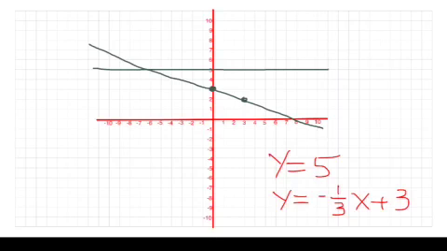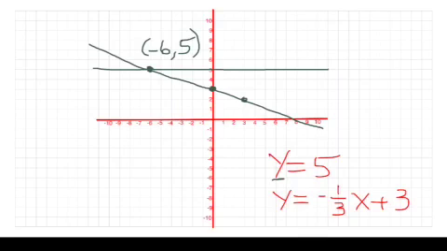You can usually get them pretty accurately drawn, as long as you have some graph paper or something where you can plot your points pretty well. And you'll notice here, this one does intersect right here at (-6, 5). So our solution for this system should be (-6, 5).